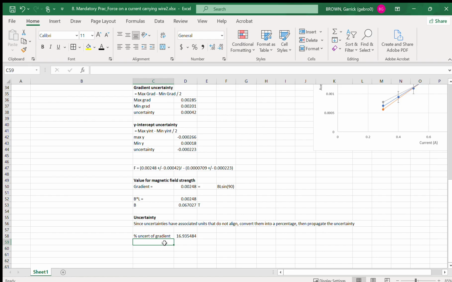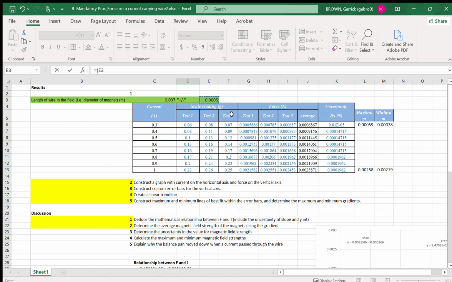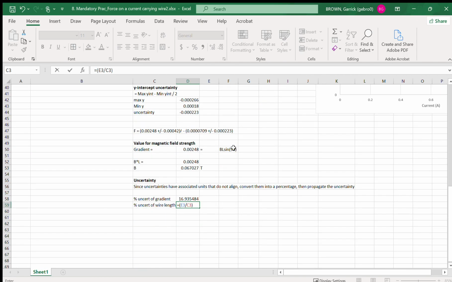Our percentage uncertainty of the length of wire, or of the wire length, is going to be equal to the smallest measurement, which is 0.0005, divided by the actual measurement, okay, multiplied by 100.